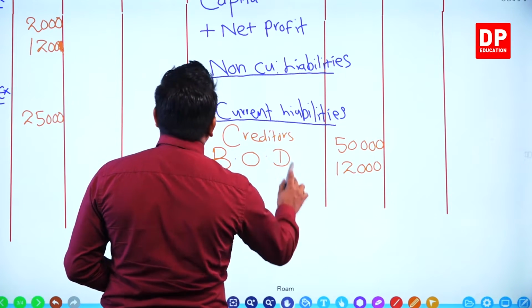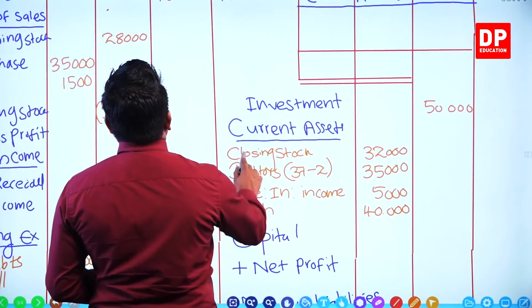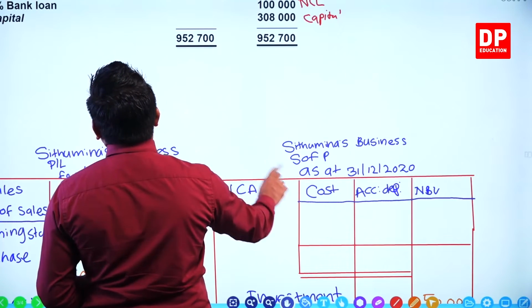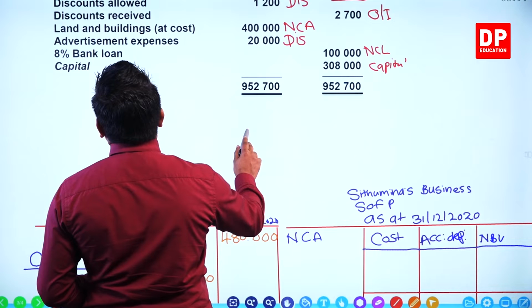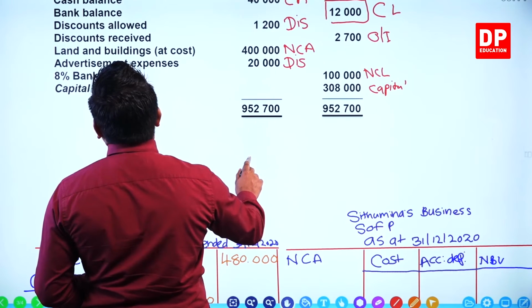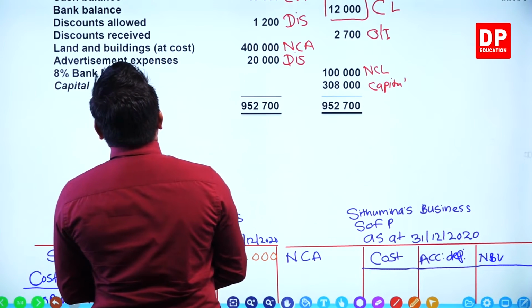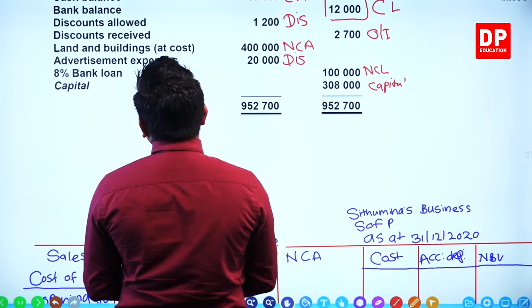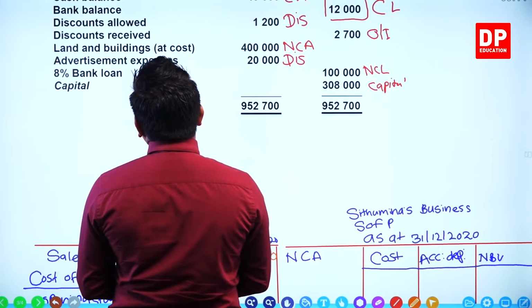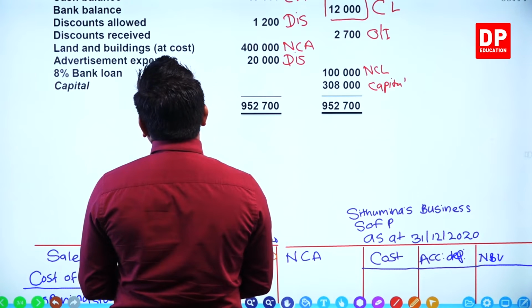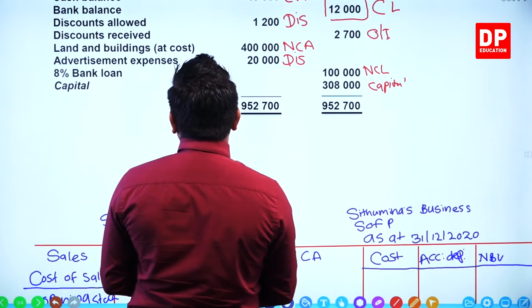Next, discount received 2,700, land and building 400,000.